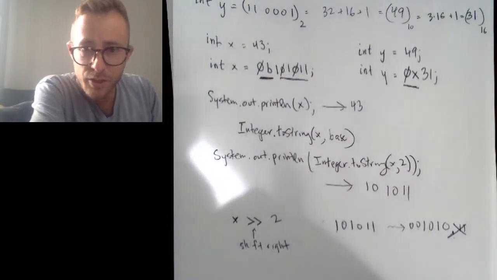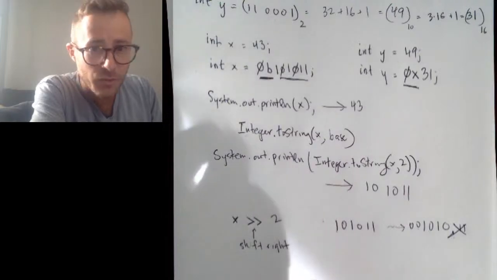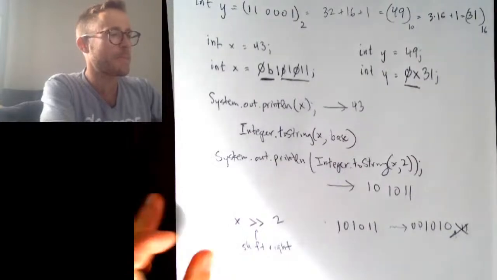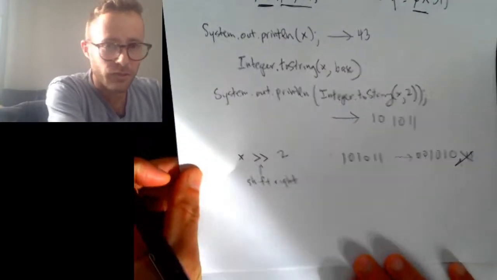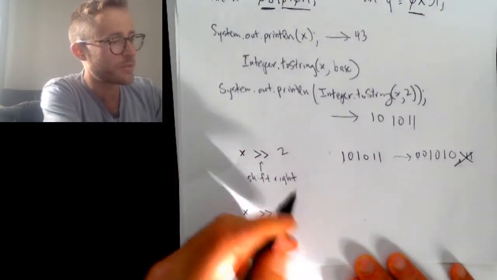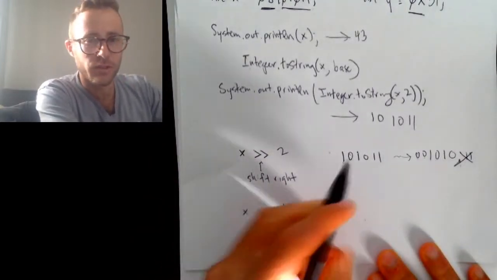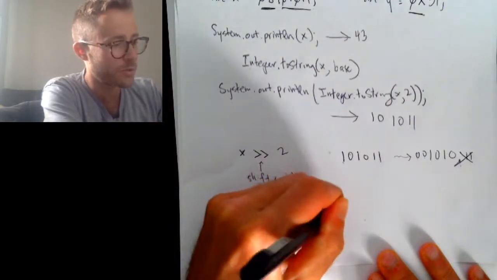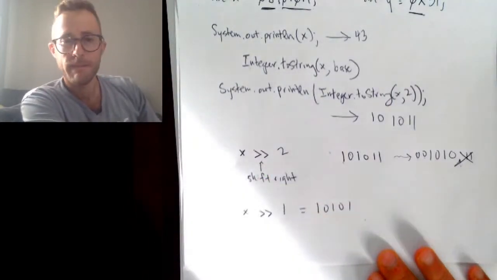Okay, I could just decide to shift 1 space. So, like for example, if I decided to do x shift right 1 space, then that would be equal to this shifted 1 space to the right, which would be 1, 0, 1, 0, 1. Okay.